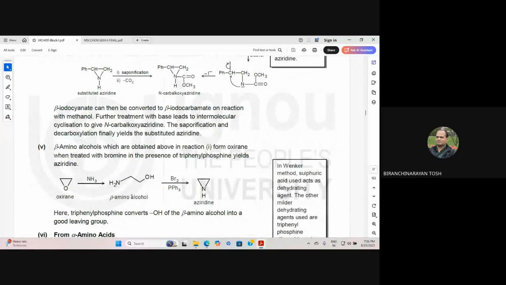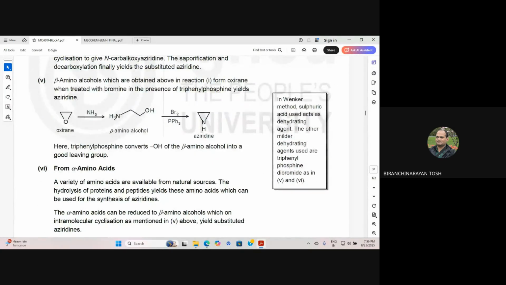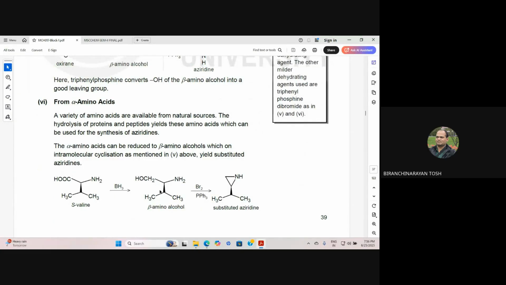Similarly, beta amino alcohols also react. When ethylene oxide reacts with ammonia, it gives a beta amino alcohol. When treated with bromine in the presence of triphenyl phosphine, it gives aziridine. From amino acids also we can prepare aziridine or substituted aziridine.